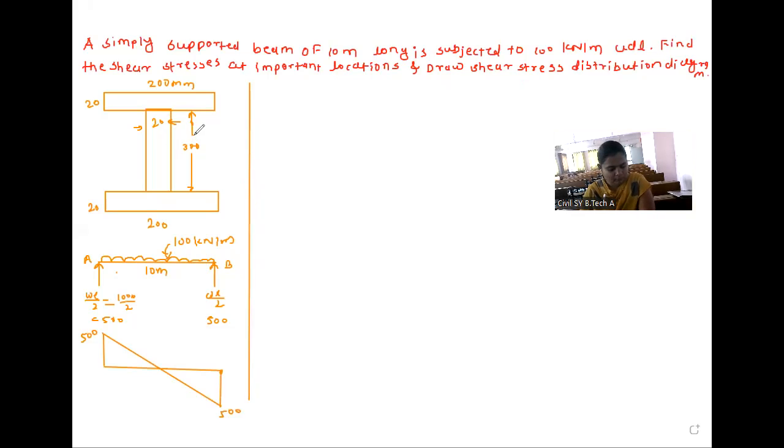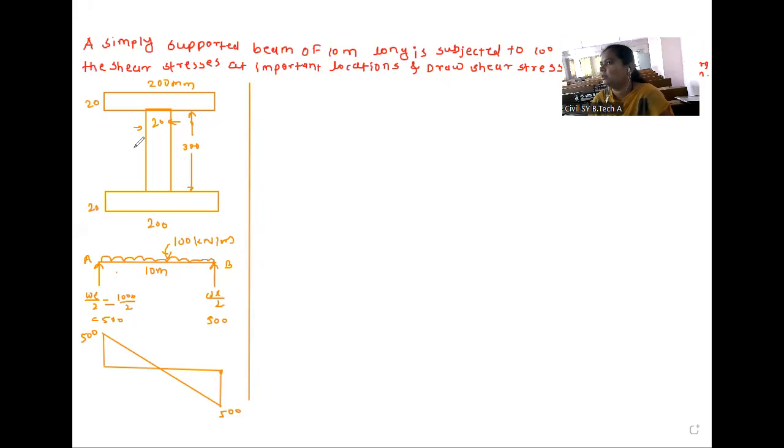Okay. So the first step is we have to find the moment of inertia. This section is a symmetric section, so due to this symmetry, we are able to mark y bar directly. First we will mark y bar. It will act at the centroid. The distance from bottom and top is the same.